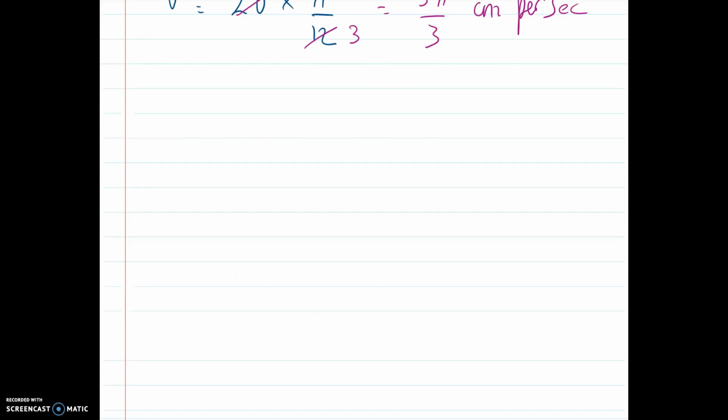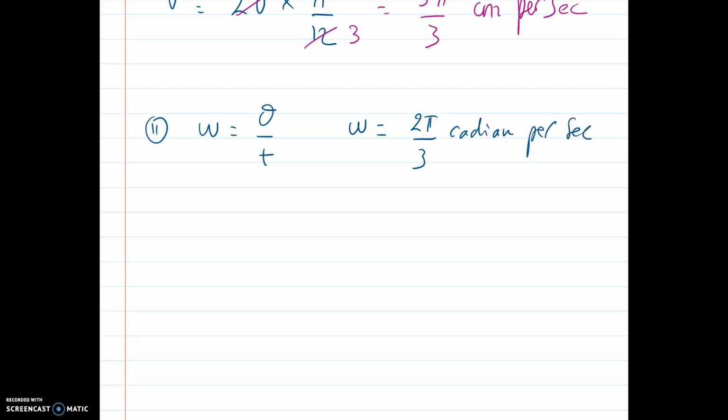Alright, problem number 11. Using the formula omega equal theta divided by t, find the value of the missing variable. In number 11, they are giving you omega equal 2 pi over 3 radian per second, and t equal 3 seconds.